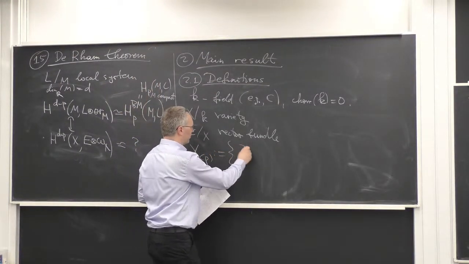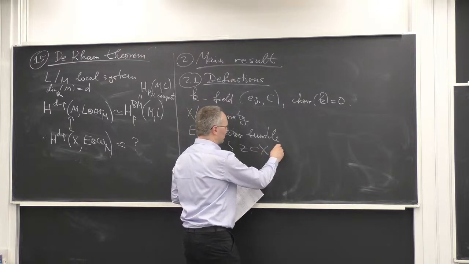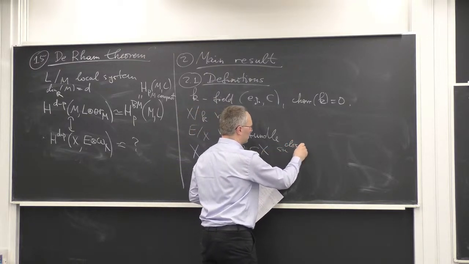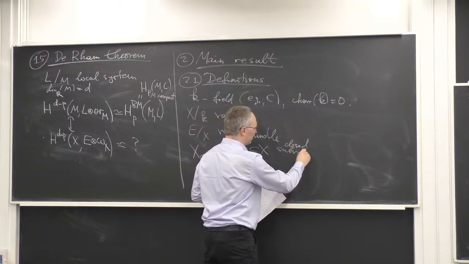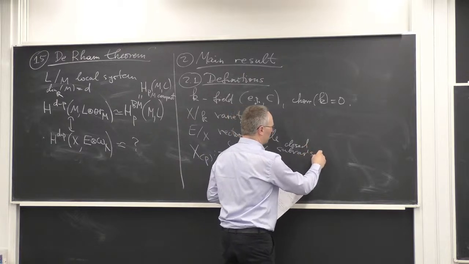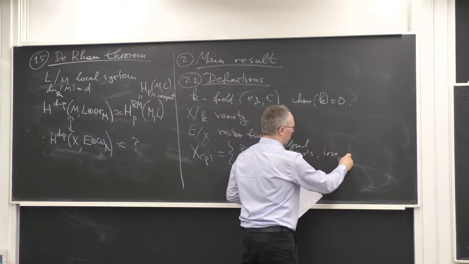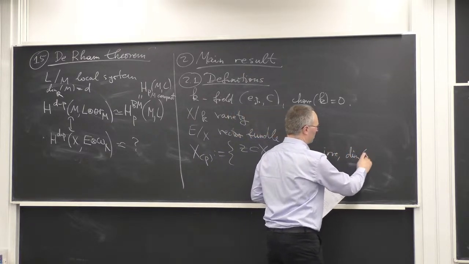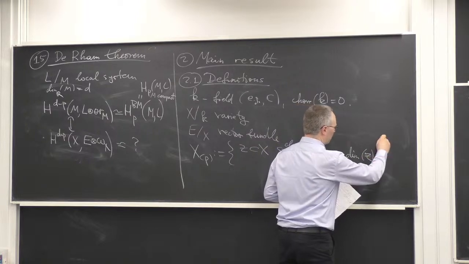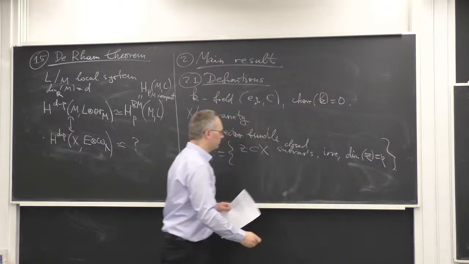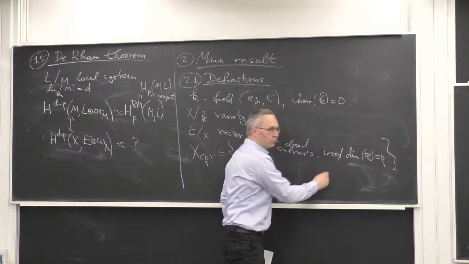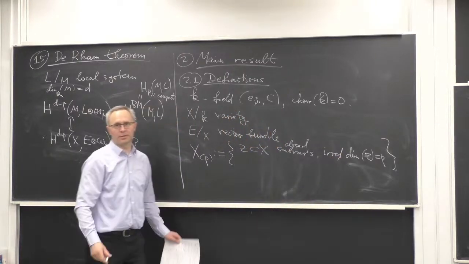And denote by X_p the set of all closed algebraic subvarieties inside X, irreducible, of dimension equal to p. Actually, for those who know, we'll do something of Gersten complex type.